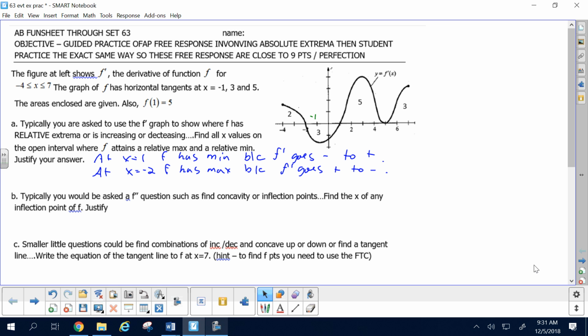Ready? Where are your inflection points? 1, negative 1, 3, and 5.